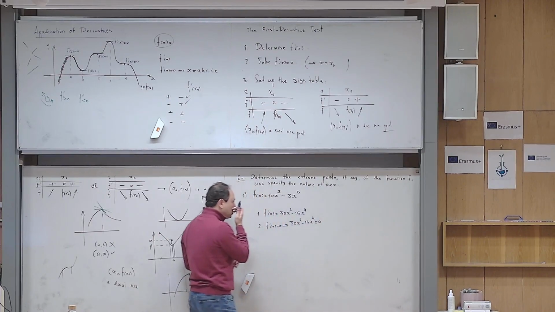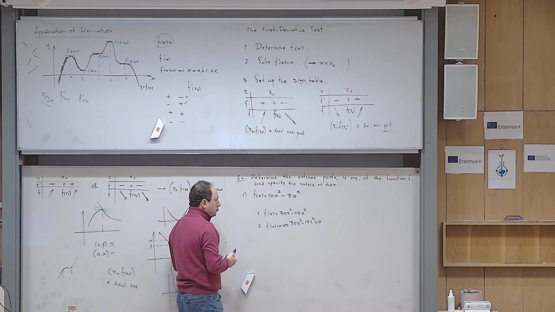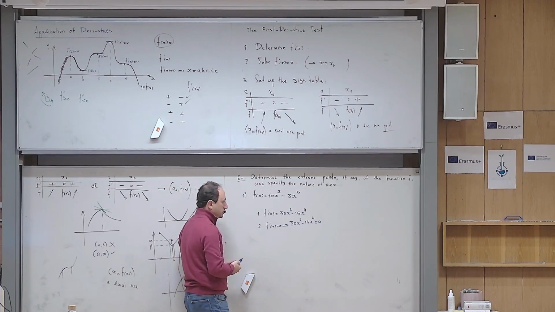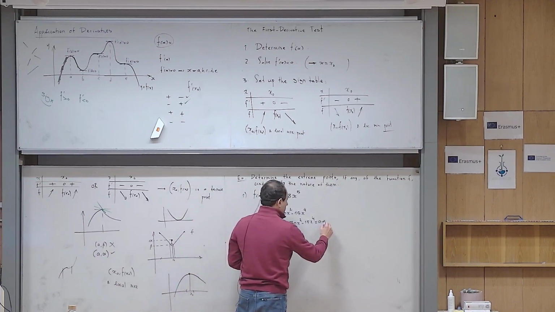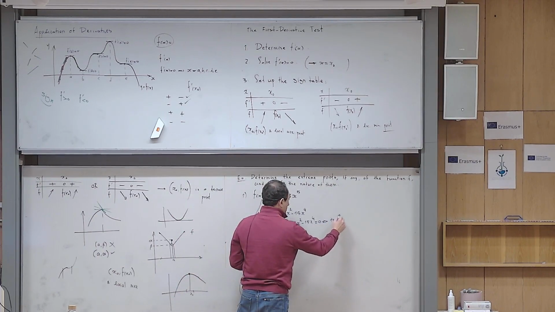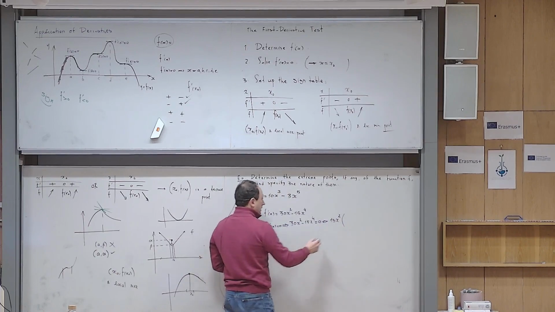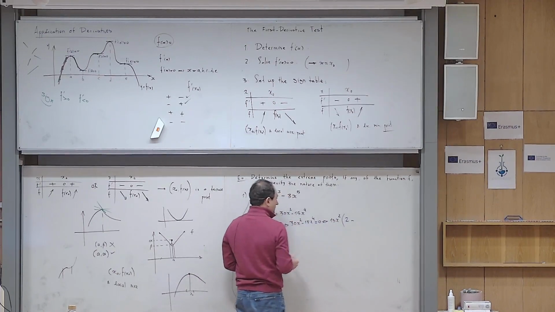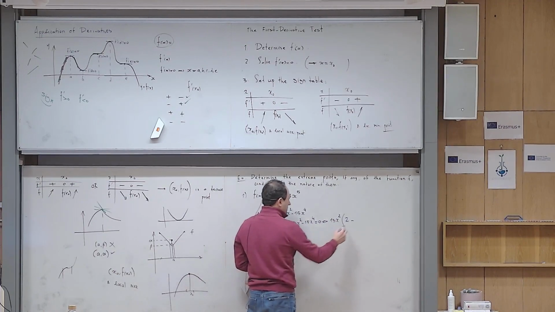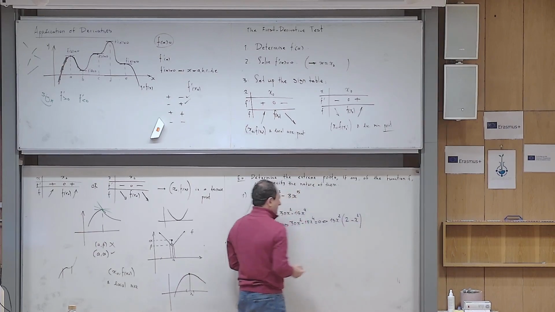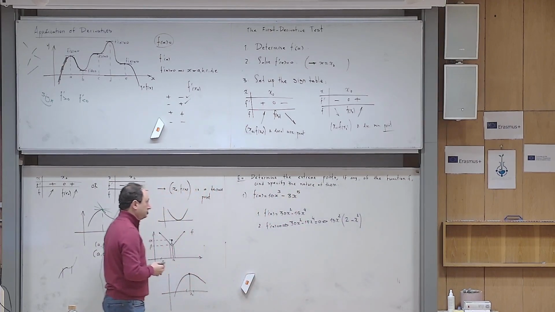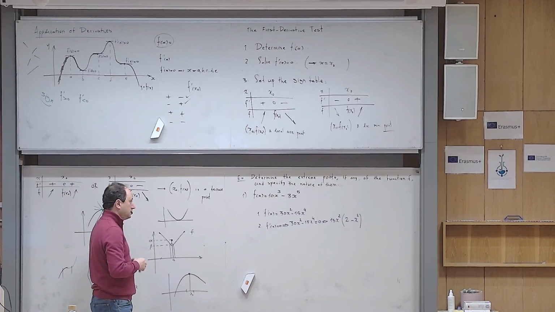In order to solve this, because this is a 4th degree polynomial equation, I have to factorize it, but the factorization is extremely simple here. I factor out 15x squared, and then from here I get 2, and from there I get what? x squared. Agree?